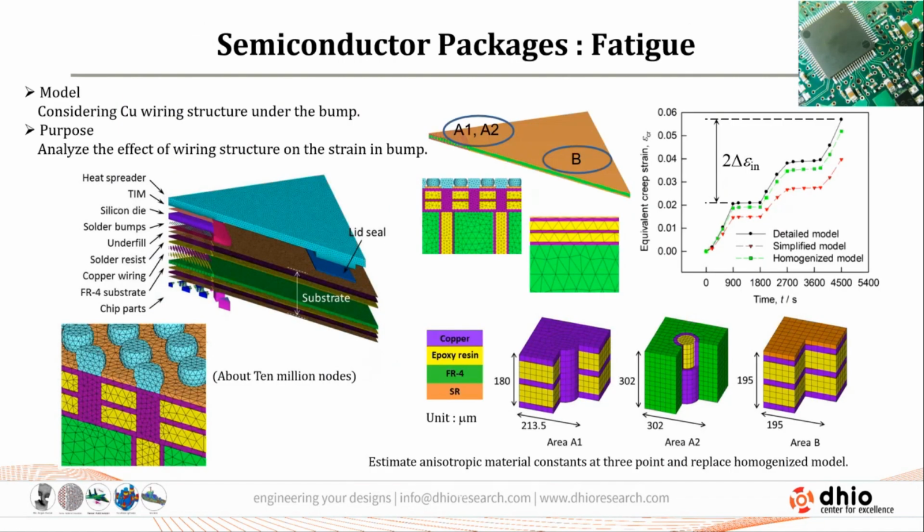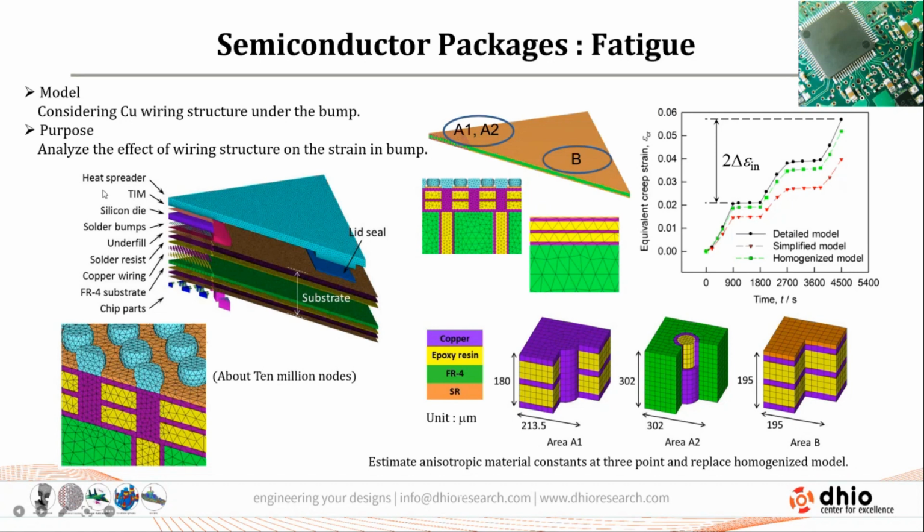So, for example, if you want to do a fatigue analysis for the semiconductor packages, which, as I told you, are composed of different layers, starting from the heat spreader, TIM, and the silicon dies, solder bumps, underfill, the copper wirings, FR4 substrate, and the chip parts.